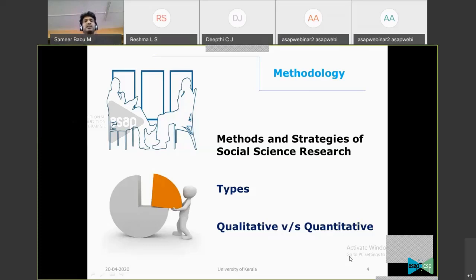That is applied research. You're applying the already established theory. Third category is action research. In action research, we are doing small scale researches.